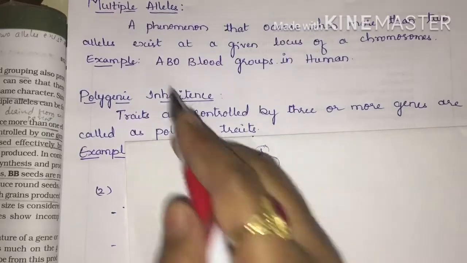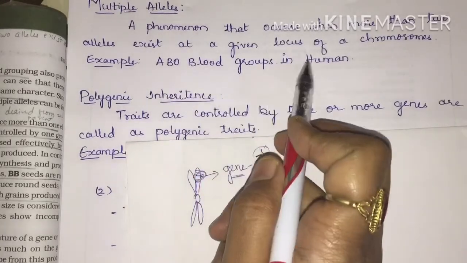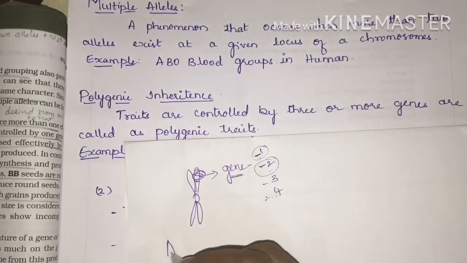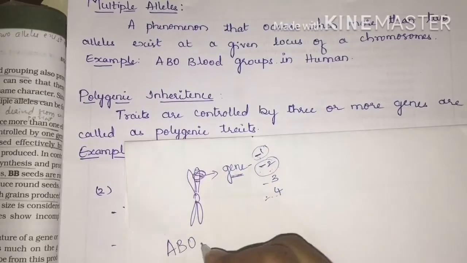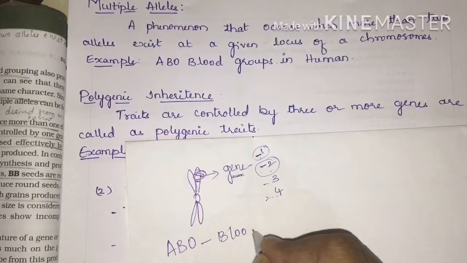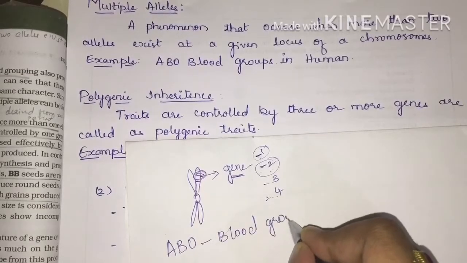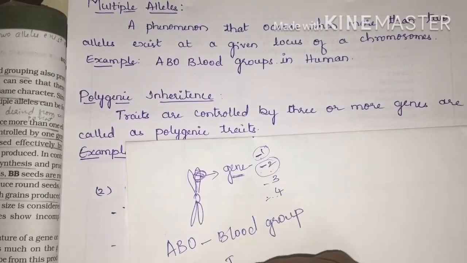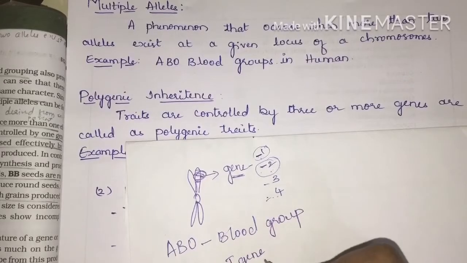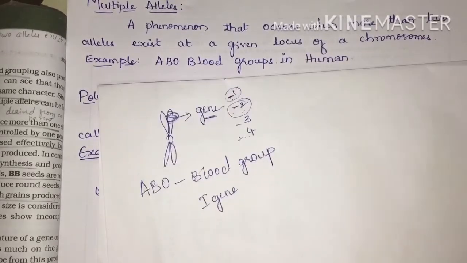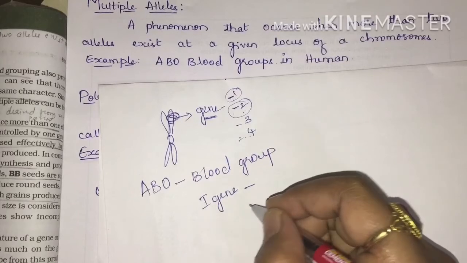For this, I have given an example of ABO blood groups in humans, which I discussed in codominance. In ABO blood groups, we are talking about a gene. Which gene? The I gene. The I gene is responsible for the production of sugar, or no sugar.